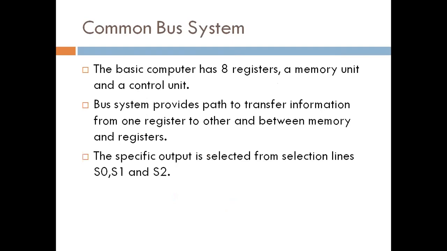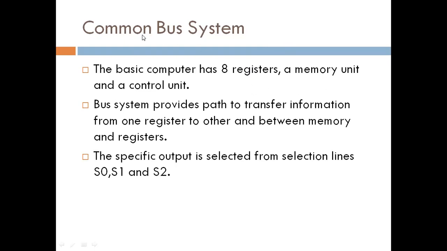Most important topic, common bus system. Basically this whole system is made up of 8 registers, a single memory unit and a control unit. So how do we pass the data from one register to another register, or from one register to memory, or from memory to register?